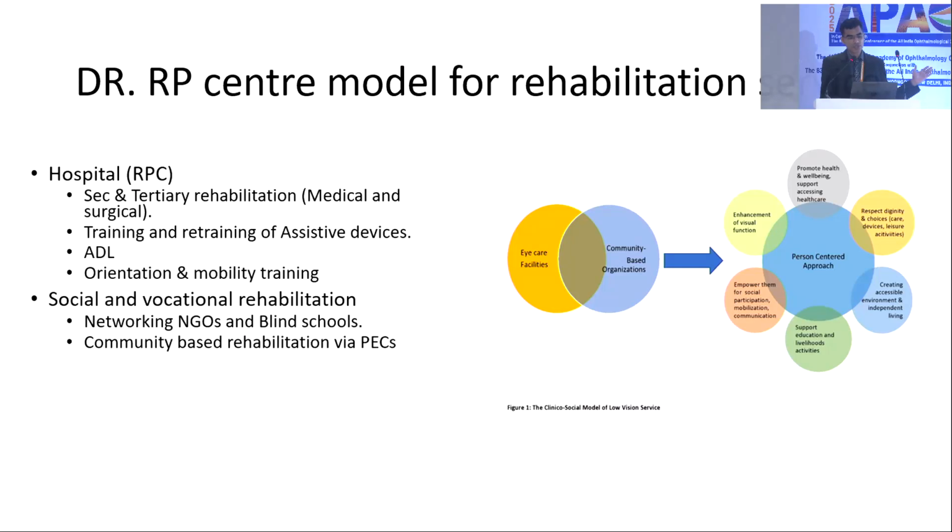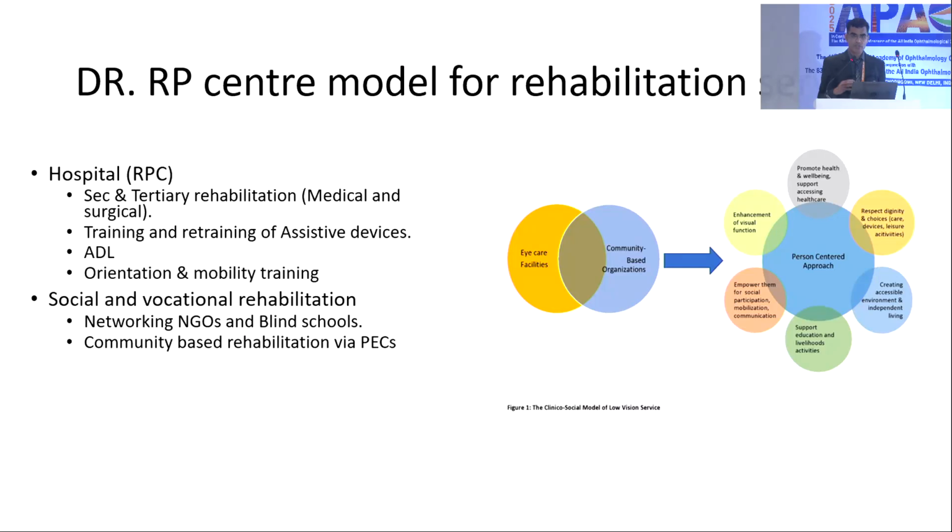This slide shows the RP Center model for rehabilitation services. At the hospital, which is our tertiary care hospital, we do secondary and tertiary rehabilitation in the form of medical and surgical interventions. Then training and retraining of assistive devices is done in a separate wing, the low vision rehabilitation wing on the 7th floor. We do activities of daily living training and orientation and mobility training.